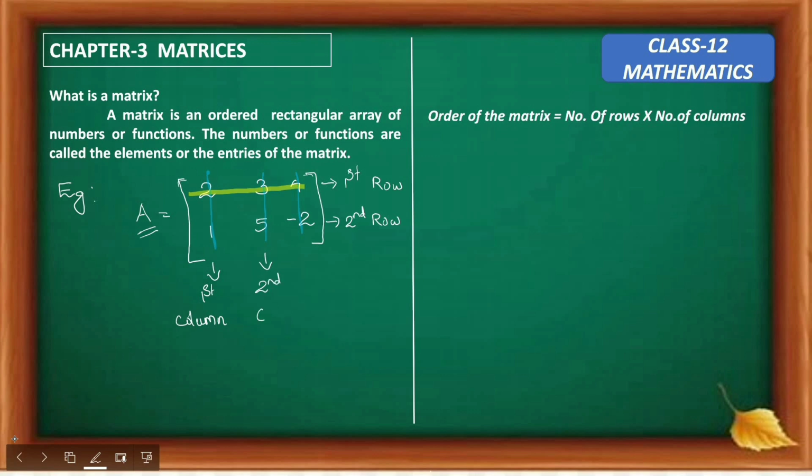Then the third column. In the third column the elements are 4 and minus 2. In this matrix you can see 2 rows and 3 columns.